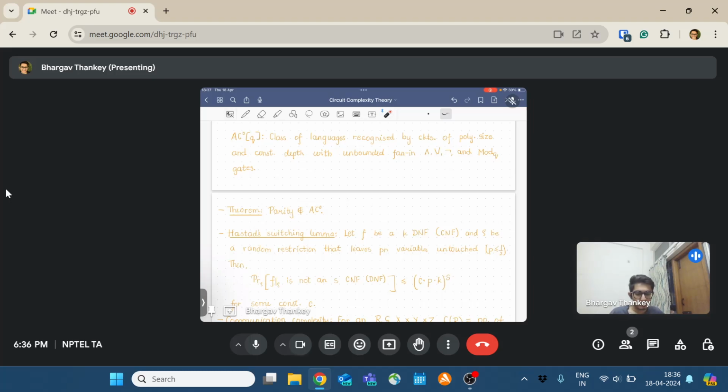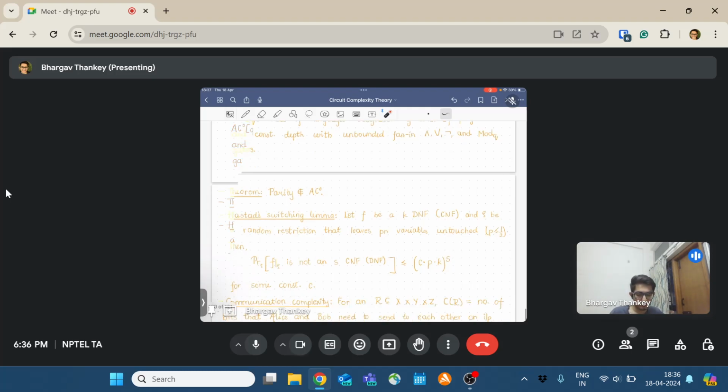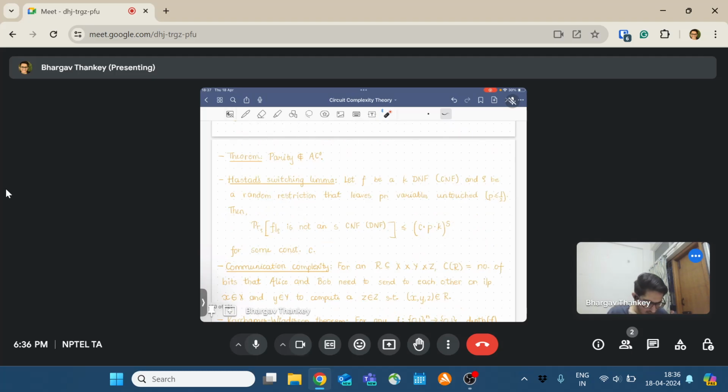Then the probability over the choice of rho that F restricted to rho is not an s-CNF or an s-DNF is at most C times p times k to the s, for some constant C. What this is saying is, if you take a k-DNF or a k-CNF and apply a random restriction to it, then with decent probability it is also going to be an s-CNF or an s-DNF.